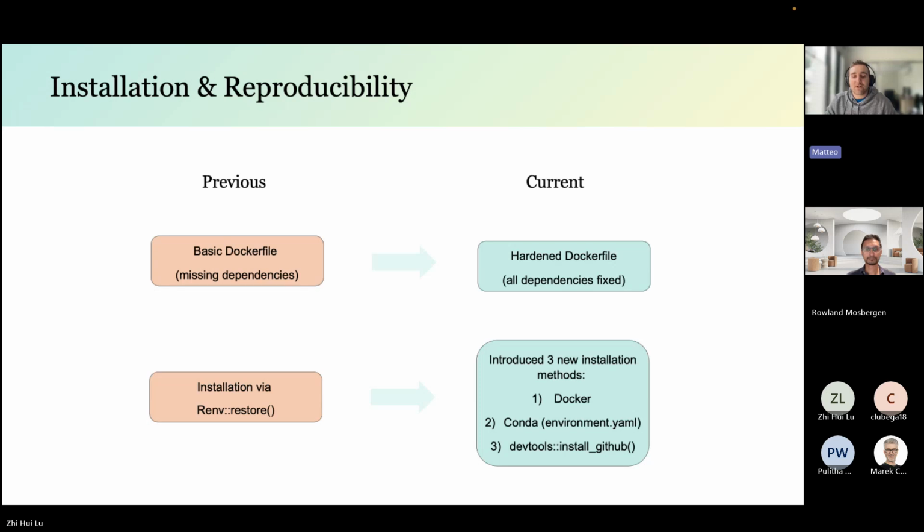We also added Conda support because the upstream part of the pipeline also uses Conda, so this allows for a continuous workflow across repos. And obviously, we also added Docker, which is the preferred solution when it comes to reproducibility, given that it can be run on any machine and it will reproduce the exact same environment as was intended from the renv.lock file.